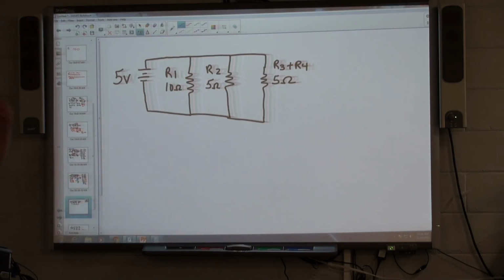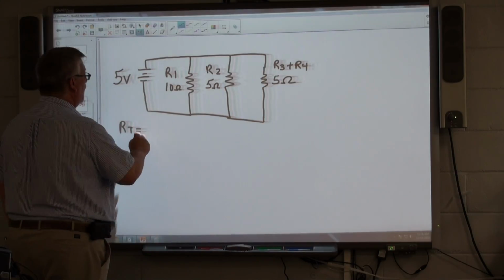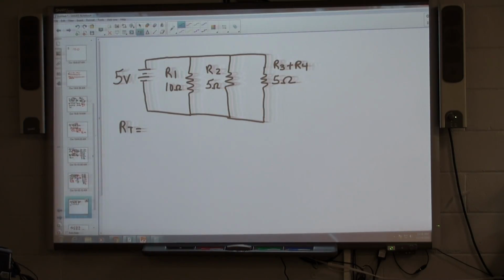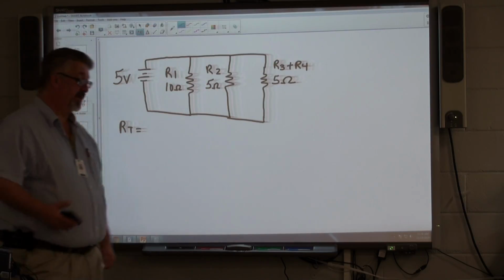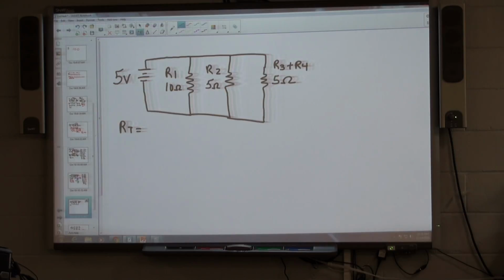So, now that we've done that, we're back to just a parallel circuit, correct? Okay, so now, what is R total? Let's start there. I'll give you a minute to work. Got a 10, and a 5, and a 5, in parallel.